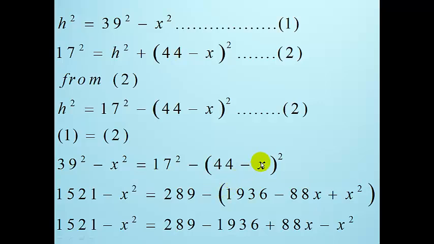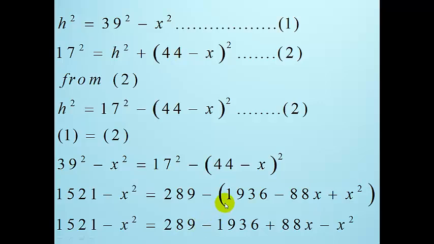Now let's simplify the expression we have in the bracket. We have (44 minus x) all squared. And when we expand (44 minus x) squared, the result is 1936 minus 88x plus x squared. Now 1521 minus x squared on the left hand side is equal to 289.